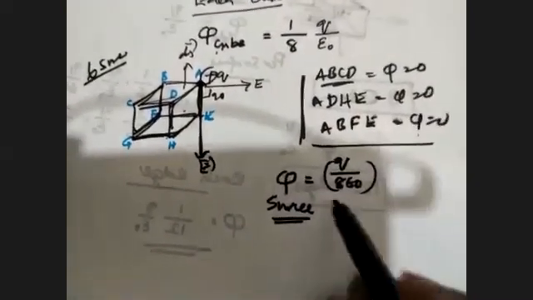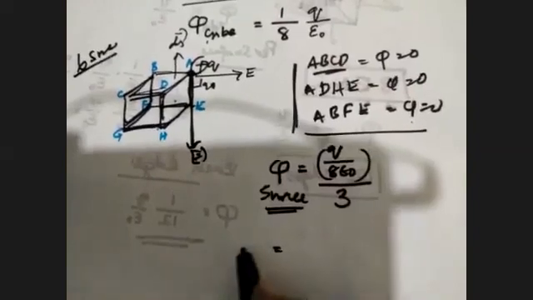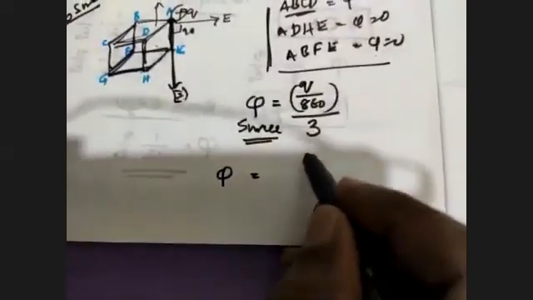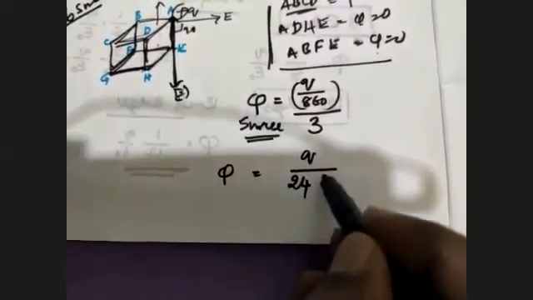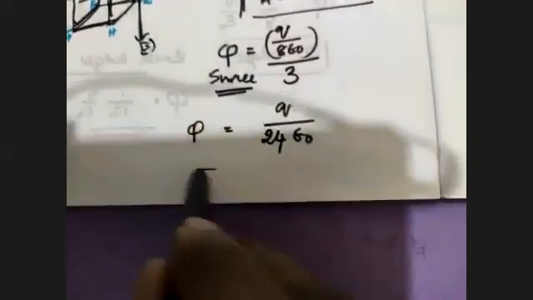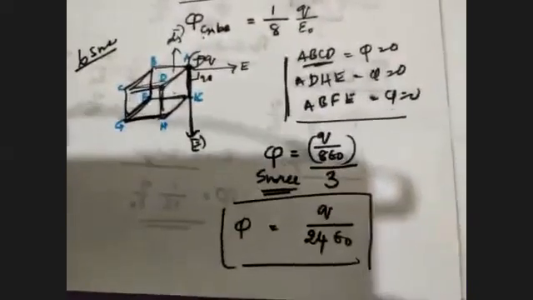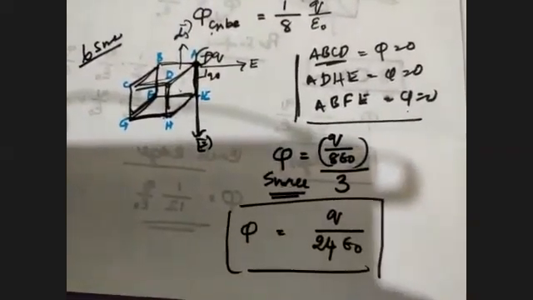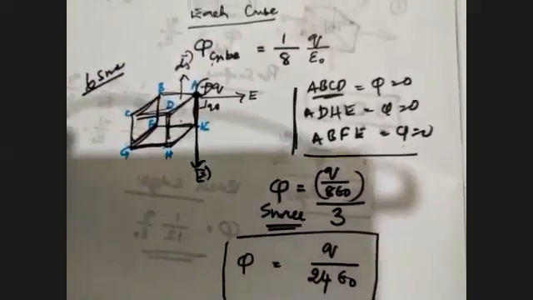Only 3. So divided by 3. How much did we get? For each surface, it is Q by 24 epsilon naught, right? This is how we have to apply Gauss law in these various cases.